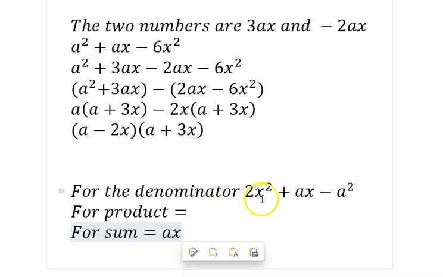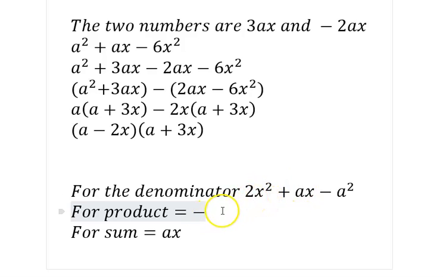Now for the product, let's times what we have here and what we have here. 2a squared times minus ax. Definitely the answer will be, we have a negative sign. So we have 2a squared, a squared, so it will be minus 2a squared, x squared.